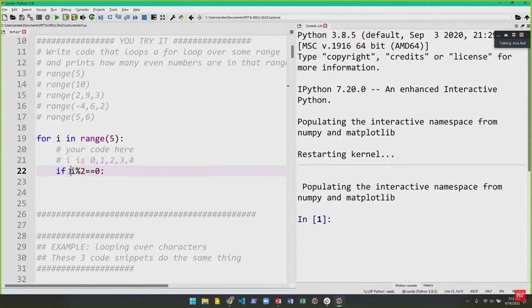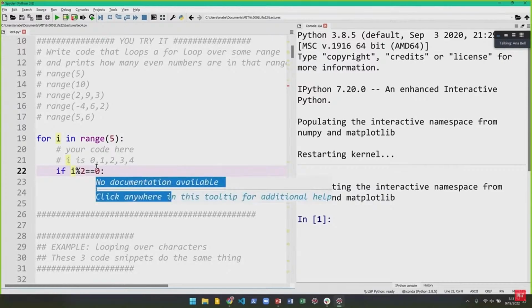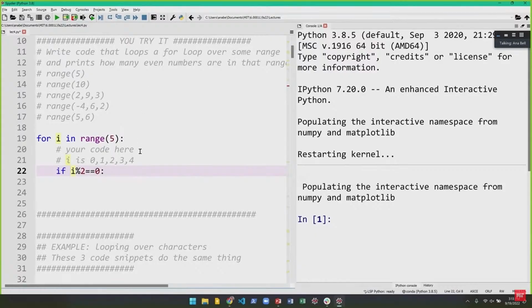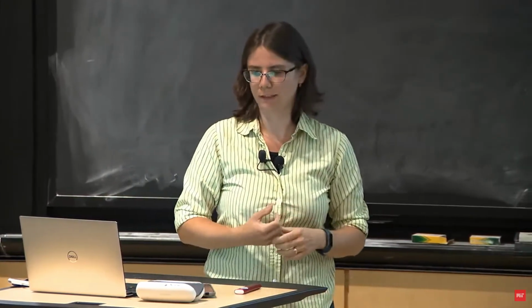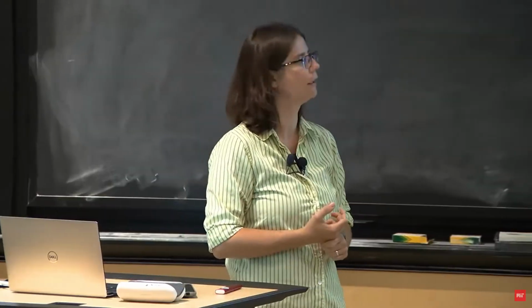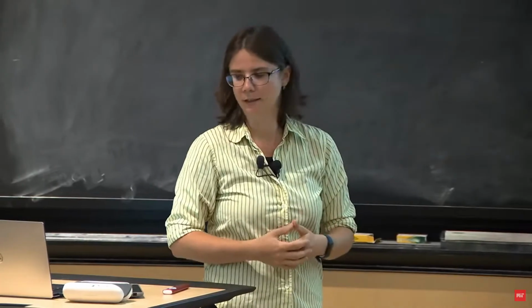And then this line of code, absolutely correct, is going to take I and grab the remainder when I is divided by 2. Okay? And if the remainder is 0, that means that the number is even. And then what do we do inside here? So when this is true, when it's even, how do we keep track of how many times this condition occurs?